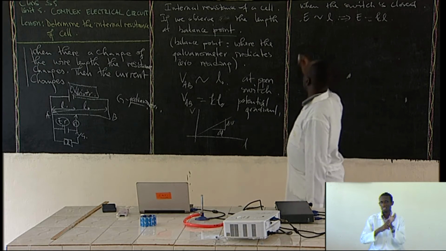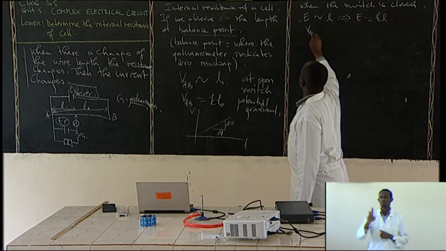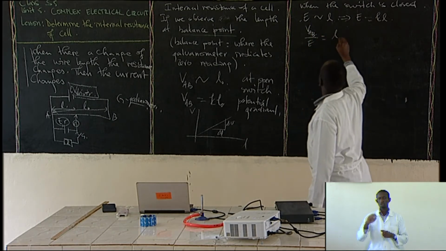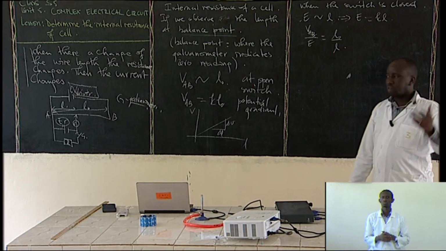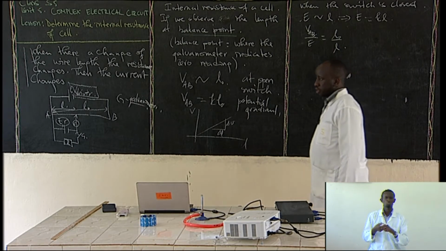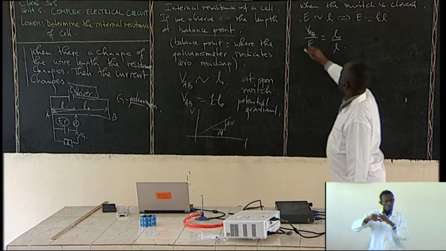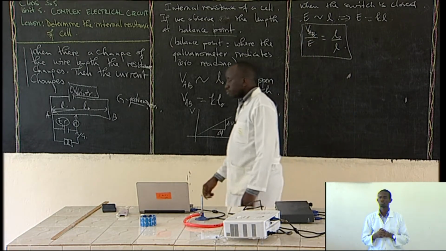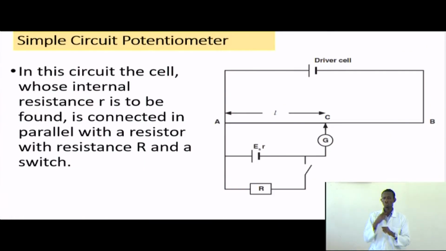So if we come back to this VAB over E, this will be equal to L0 over L. Good. So we have this from the beginning of this analysis of a simple circuit potentiometer. So from this one, we can now say that, when we consider this circuit, do you see that?